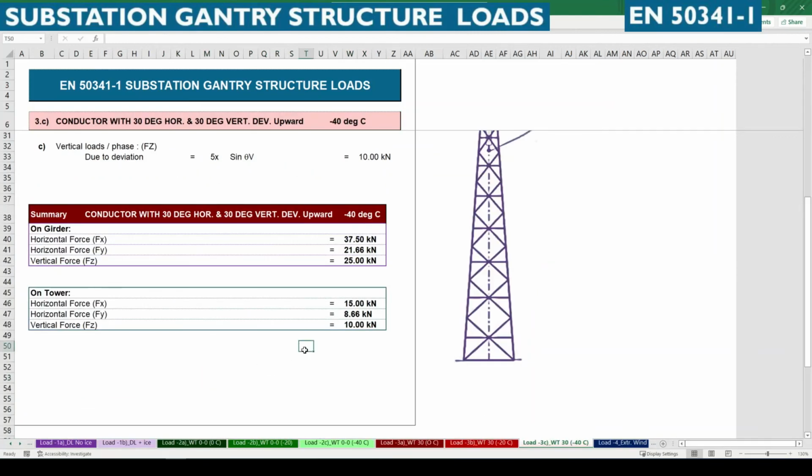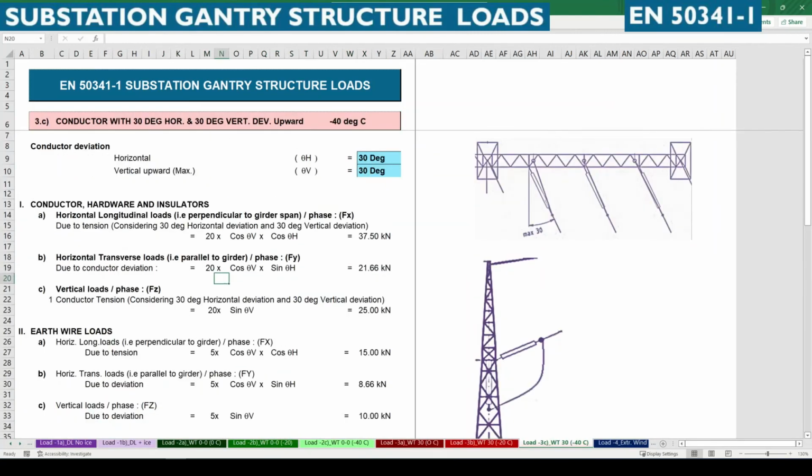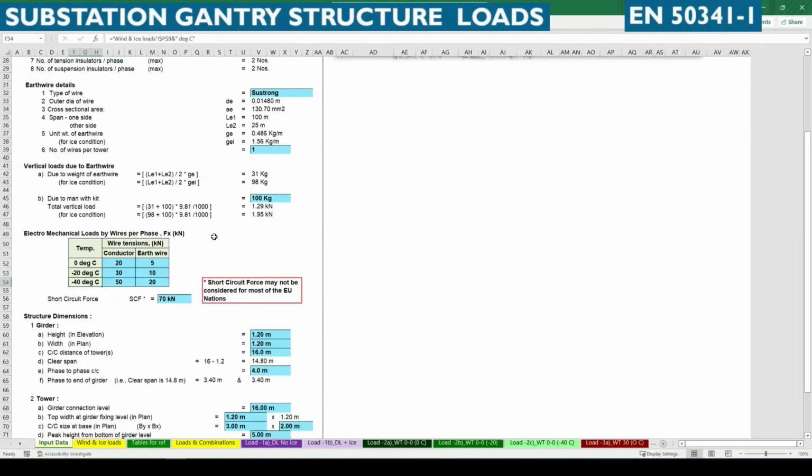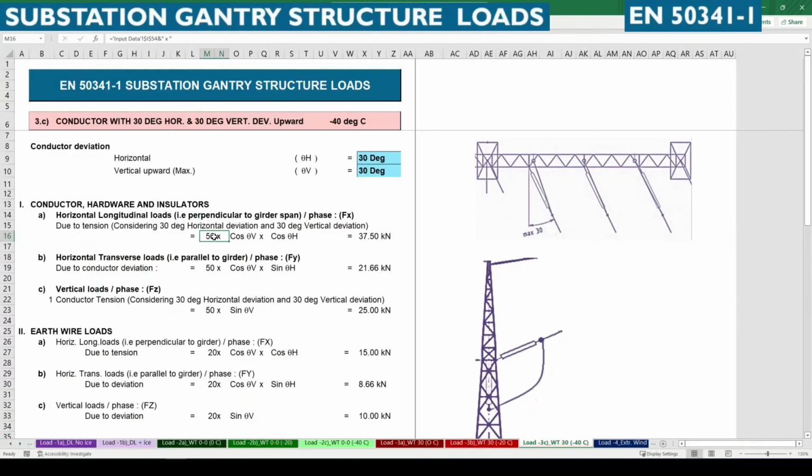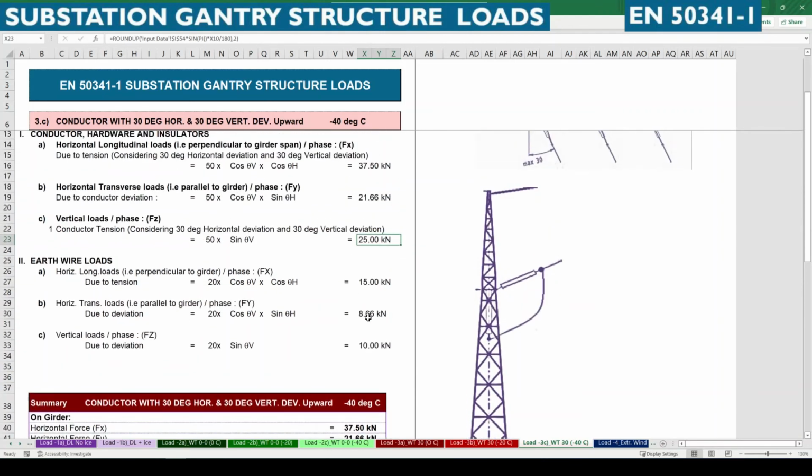Similarly for 40 degrees Celsius, we have 50 kilonewton as the electromechanical input for the conductor and 20 kilonewton for the earthwire. By applying the same formulas, cos theta V, cos theta H and sin theta H, cos theta V, and for vertical 50 into sin theta V, we get these values.